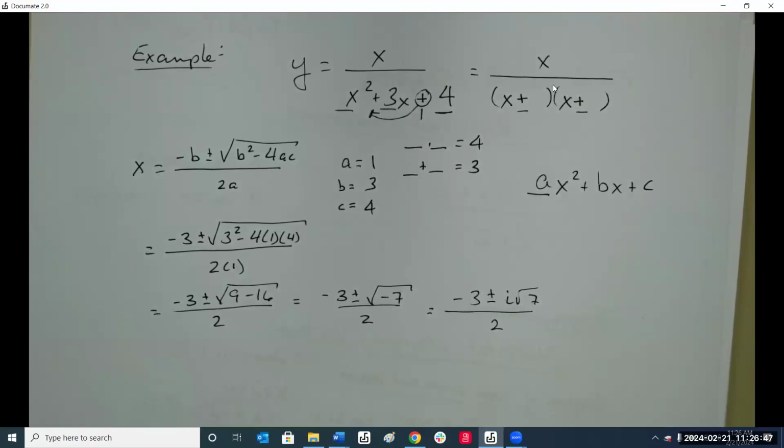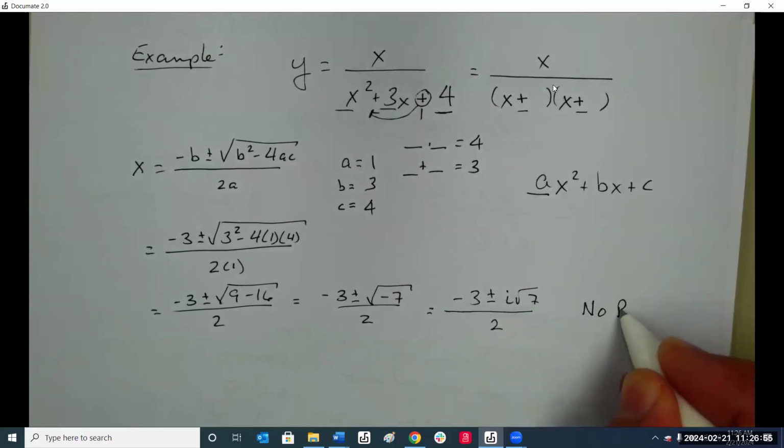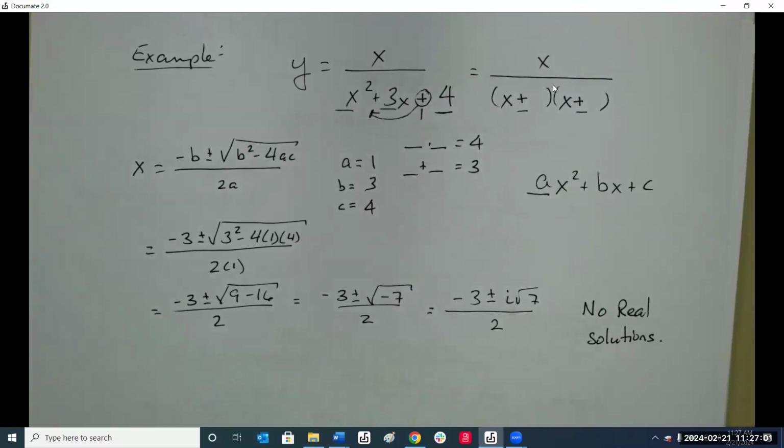This is from algebra. There's no real solutions. There's no x value that'll make it equal 0. Which means we have no vertical asymptotes.